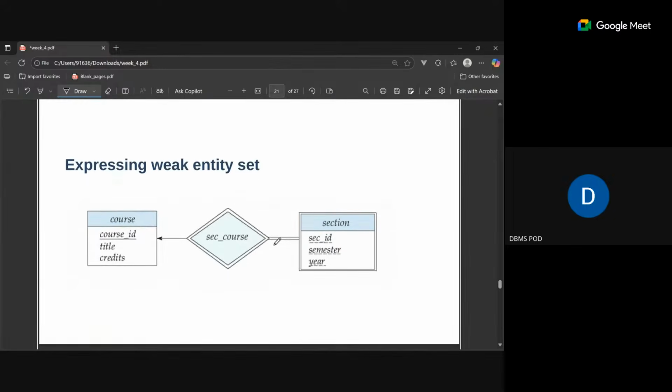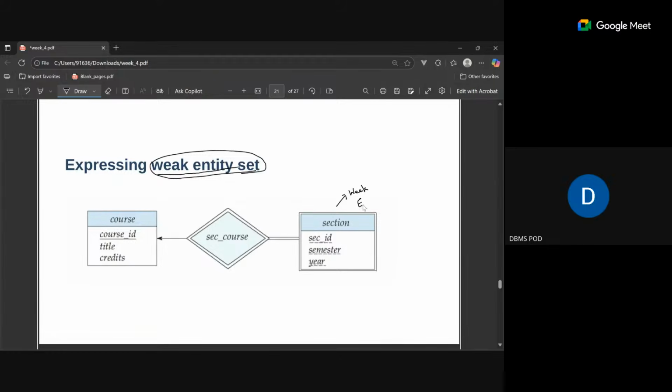And as I said, let's come to the weak entity set. How do we represent the weak entity set? Here, this is a weak entity set.